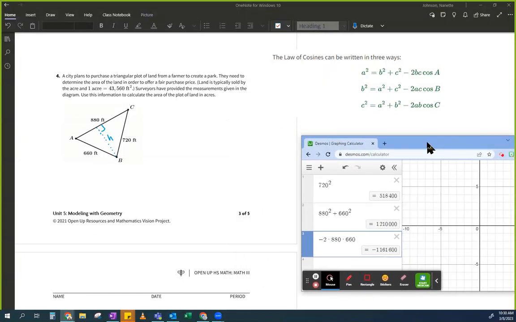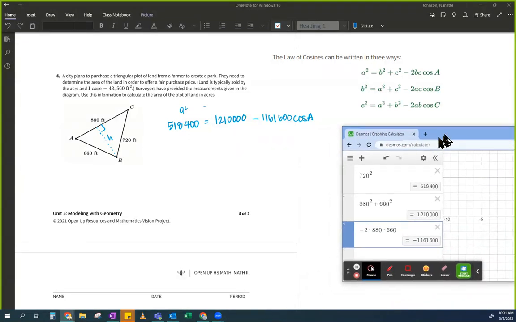So we got 518,400 is equal to 121,000. Lots of zeros. Keep track of your zeros. Minus 1,161,600 cosine A. And this is a squared equals b squared plus c squared minus 2bc cosine A.